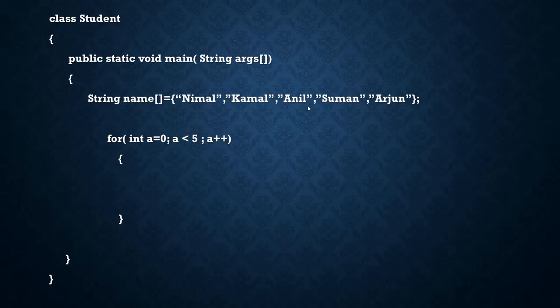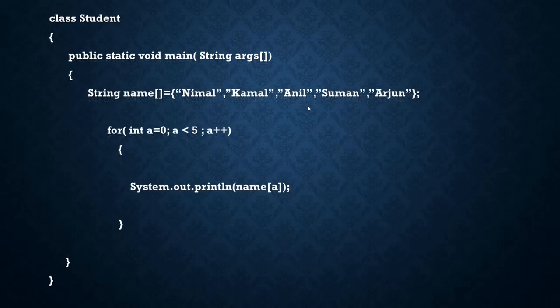Because array index is starting with 0, and then after that you have a condition that should be less than 5, because my maximum value is 4, and i plus plus, I'm adding 1 by 1 because the index value is increased by 1 by 1. And then I have system.out.println and then i is an index because the for loop is having 0, 1, 2, 3, 4.